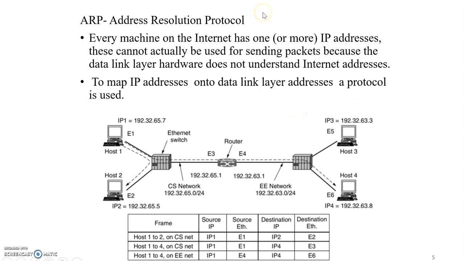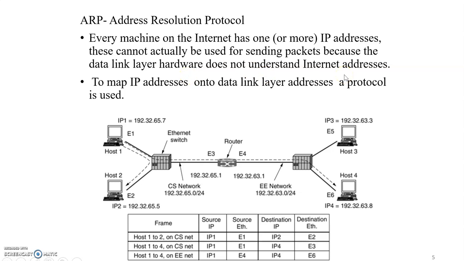Next, coming to the second protocol, that is Address Resolution Protocol. We know that every machine on an internet has an IP address. These cannot be used for sending the packets because the data link layer hardware does not understand the internet address.